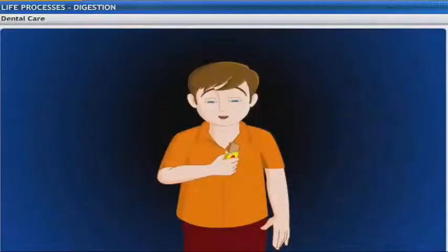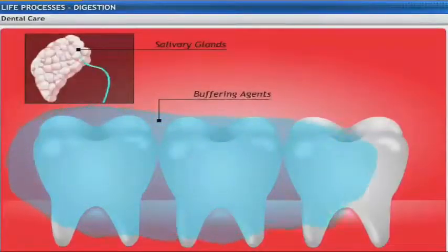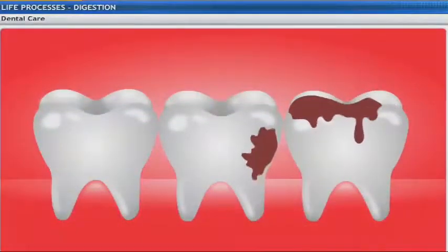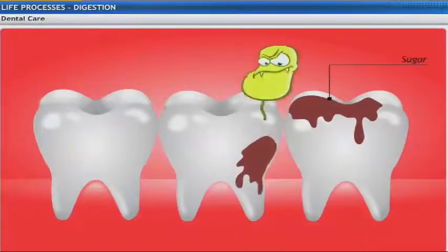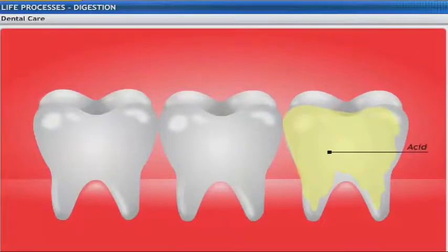Since saliva contains enzymes, is it harmful for the teeth? Saliva contains buffering agents that protect the teeth from decay. When we eat something sugary, bacteria produce an acid that attacks the enamel in the teeth.